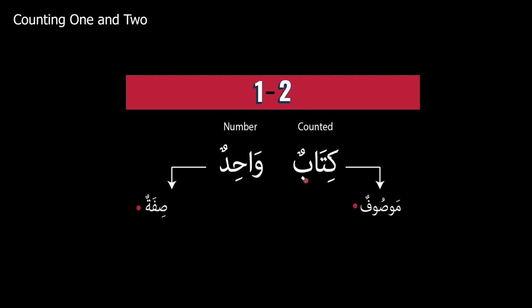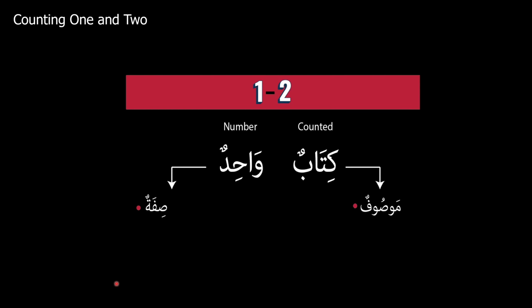So whatever you're counting will come first, and then the number itself, whether it's 1 or 2, will come second, and the grammar between them is going to be mawsuf sifa. So therefore, all four properties must match between the counted and the number. So here we have kitabun, which is what's being counted, and then wahidun, which is the number itself. So this is one book.